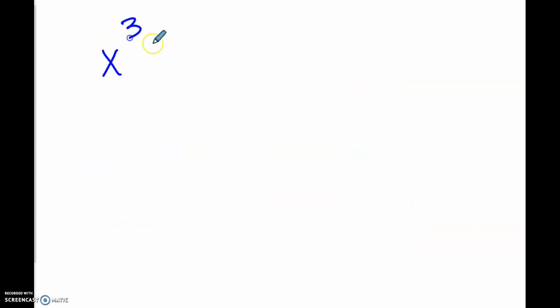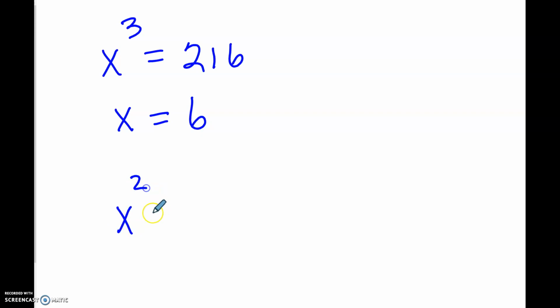What cubed gives you 216? So what is x going to be? If we look at 216 and you look at your chart, it is 6. 6 times 6 times 6 gives you 216. So the cube root of 216 is 6. Notice there's only one answer for the cubes, but when you're doing squares, what squared gives you 100?